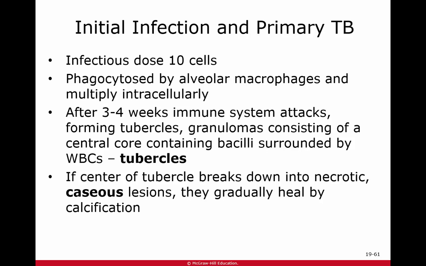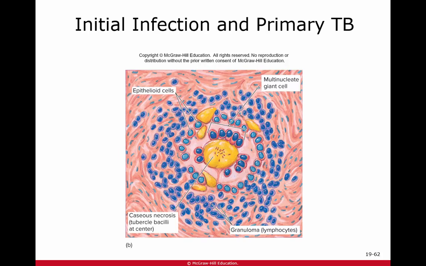And the center of the tubercle can break down and become necrotic caseous lesions that will heal by calcifying. So you have these calcified lesions that show up in your lungs usually.